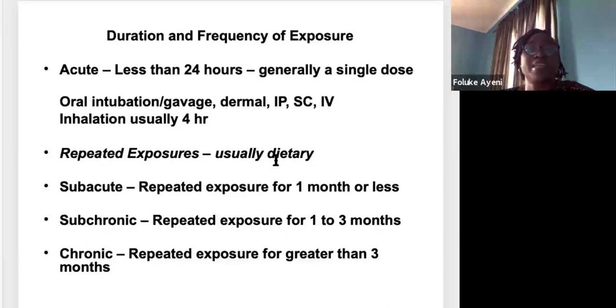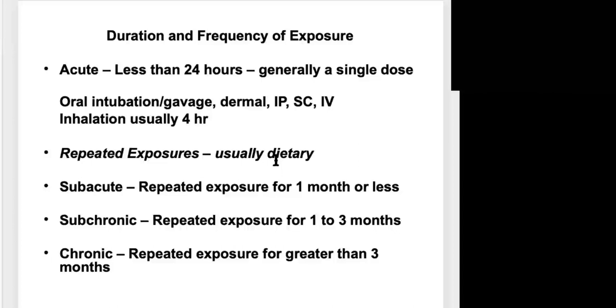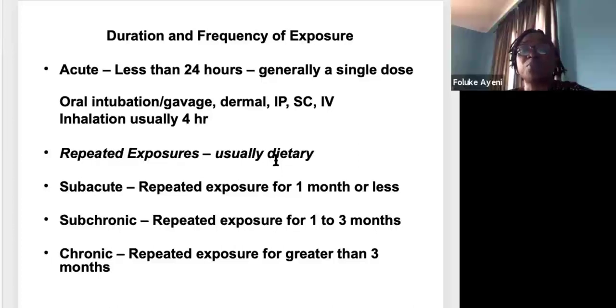It could be a repeated exposure. For instance, somebody is eating contaminated food or a poisonous fruit, and you are not aware that it's poisonous. You keep taking it until the effect builds up, and then it manifests as toxicity.